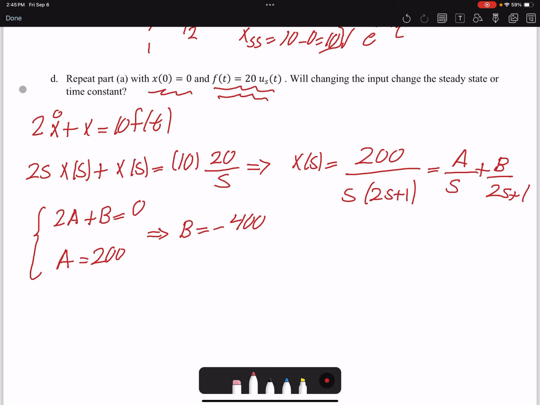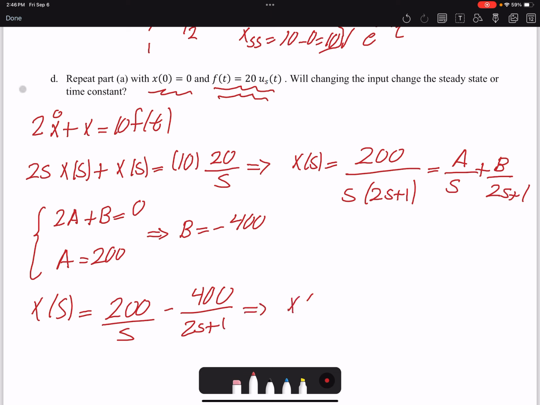So for my Xs function, I have 20 over s minus 40 over (2s plus 1). With a similar approach, I have 20 minus 20 e to the minus t over 2.